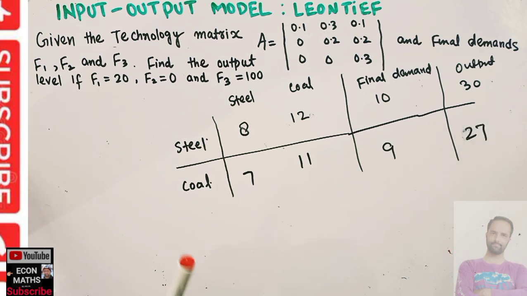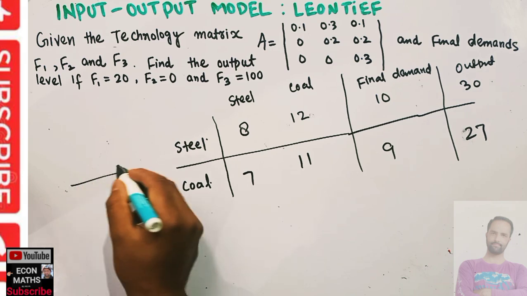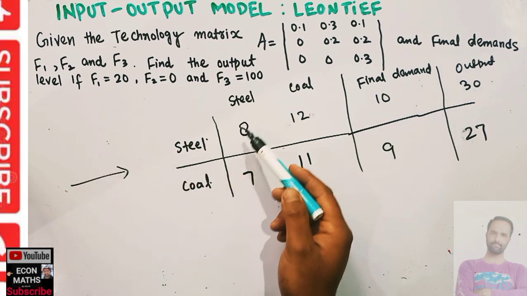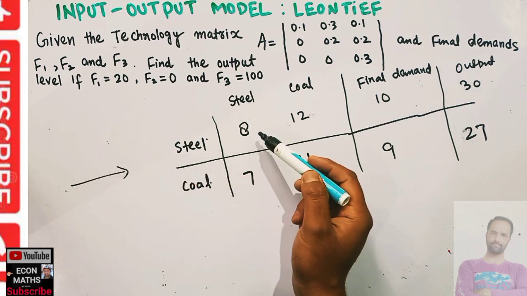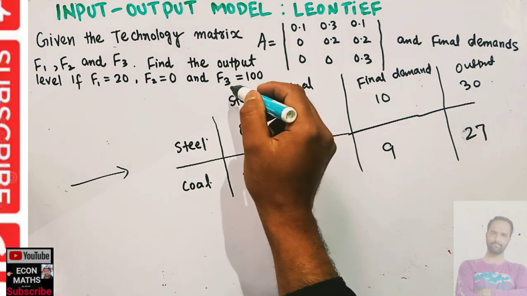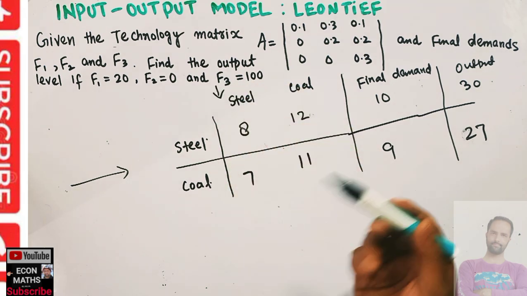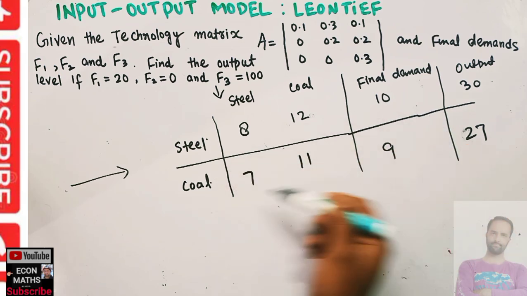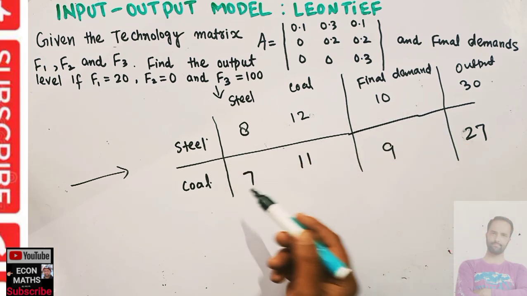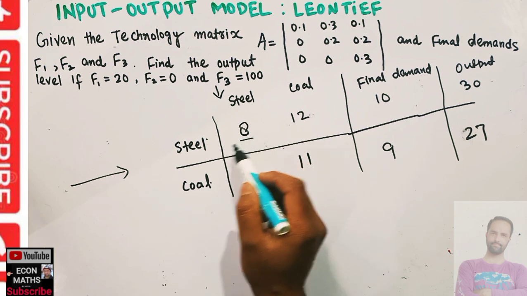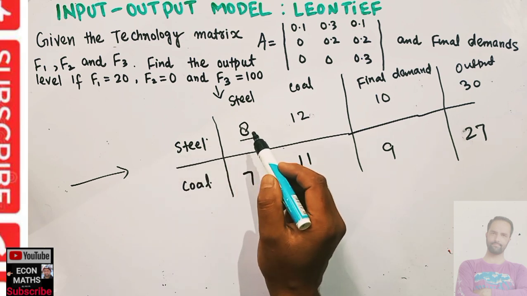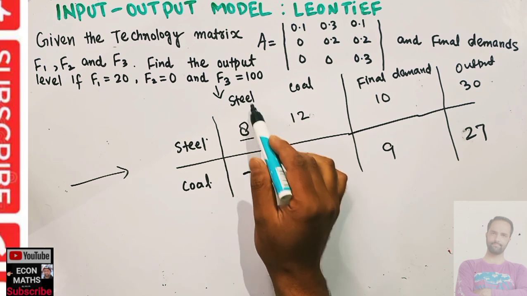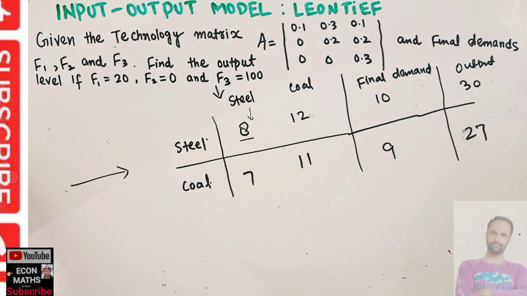So actually this shows us the inputs required by each industry, and this shows us the outputs of each industry. And how do we interpret this table? Simply, this 8 shows that 8 units of steel are used by the steel industry for its self consumption.